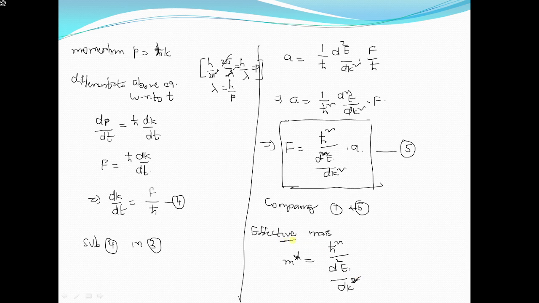So this is the expression for effective mass of electron.